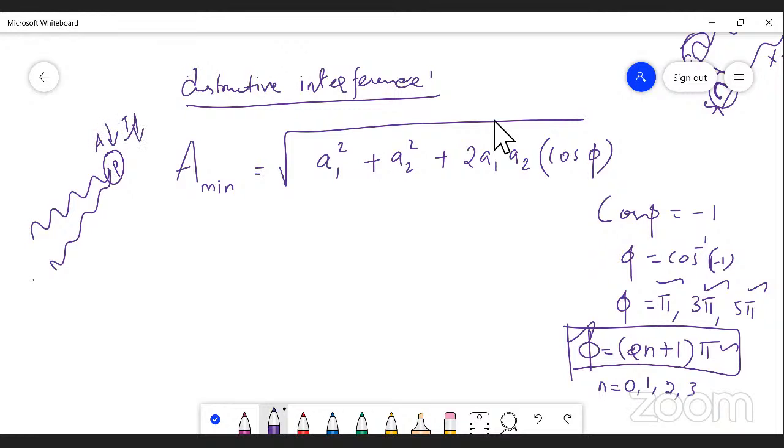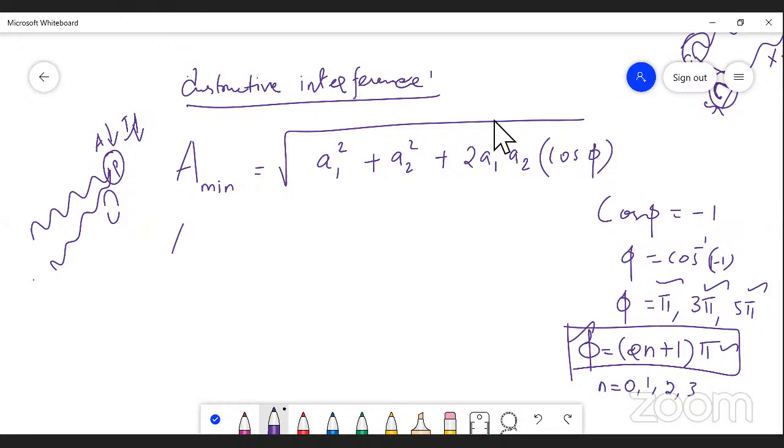The waves meet as one crest and one trough, so the intensity is almost equal to 0. If the two amplitudes are the same, the intensity is also almost equal to 0.